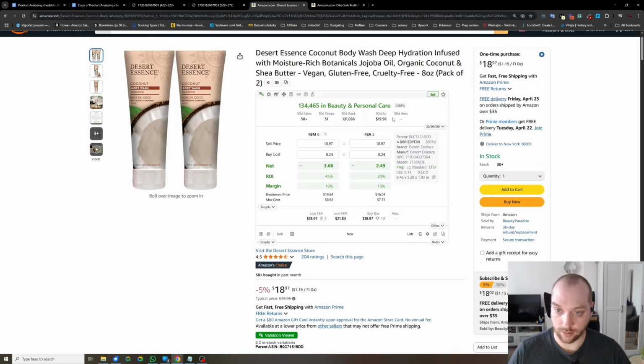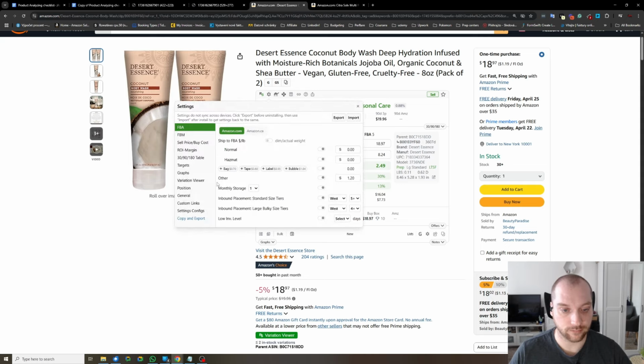One of the first things you also want to do when you start using SellerAmp or RefSeller is to go to the settings and find something like other or something like a prep fee. Obviously, there are some fees for prep center, shipping. You're going to pay shipping to Amazon or to your supplier.